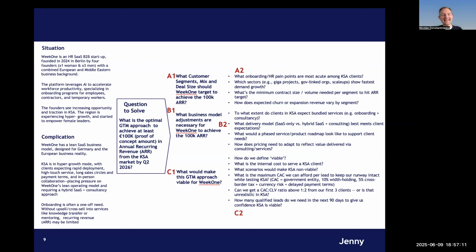So it's actually not wrong here, because when you say, like, which sectors show the fastest demand growth, for example, it's not just random data that you're asking for. You're asking for data that connects directly to a criterion that you have determined to be important.